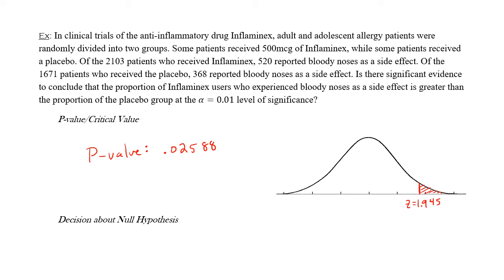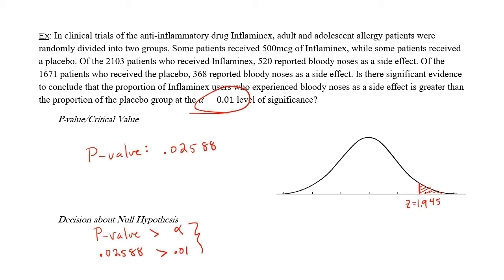And so let's see what kind of decision we can make now. We've computed the p-value, 0.02588, and comparing that with the significance level alpha equals 0.01, which was the given alpha that we're going to use, we actually see that the p-value was a little bigger than that significance level.